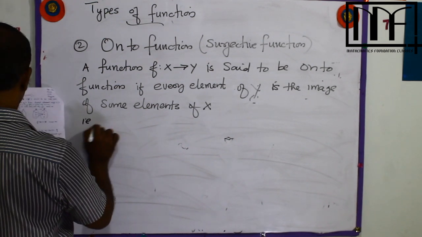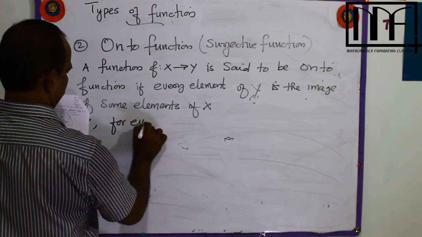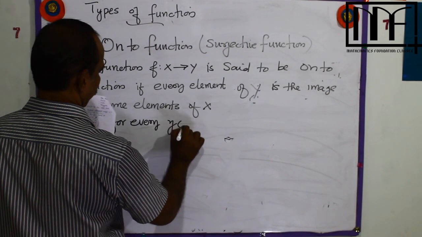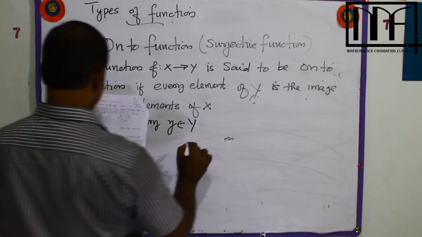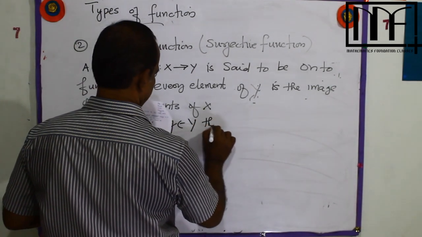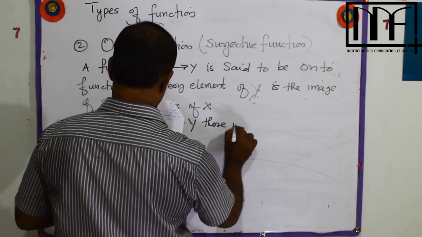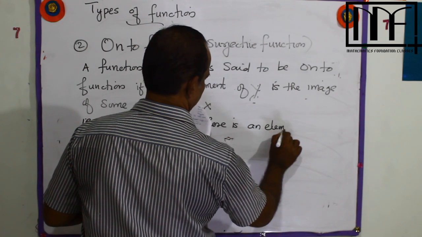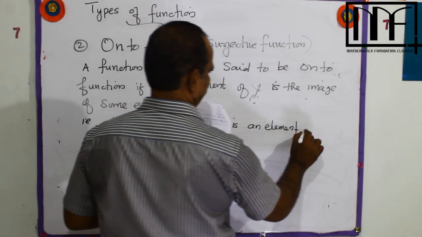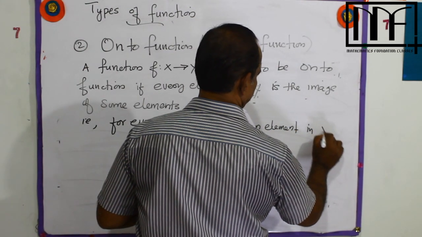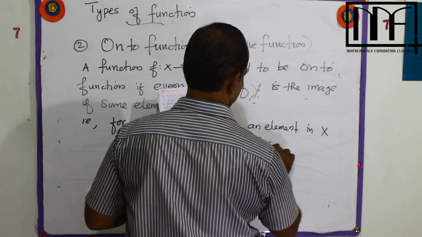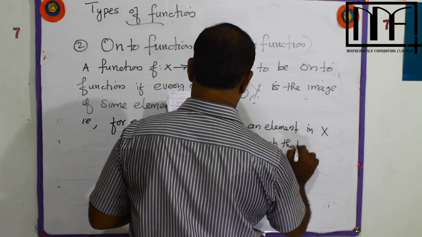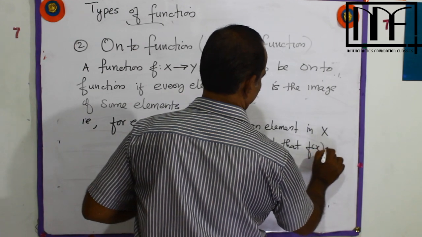that is, for every y belongs to Y, there is an element in X such that f of x equal to y.